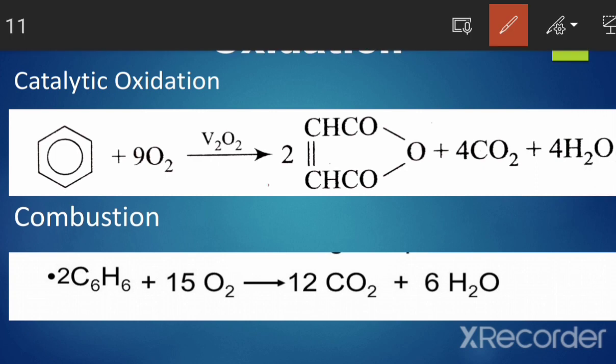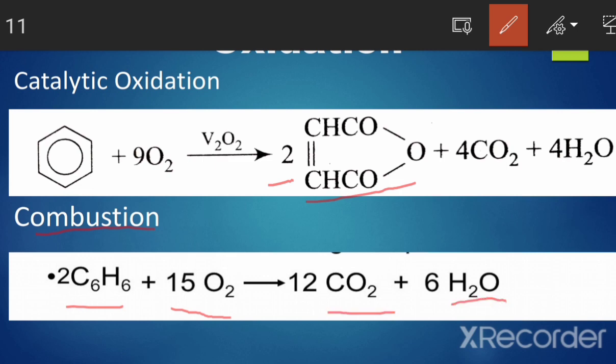is two molecules of a certain compound, and the other is also an oxidation reaction, but it is known as a combustion reaction, in which two benzene rings are reacted with 15 molecules of oxygen, and the product is carbon dioxide and water.